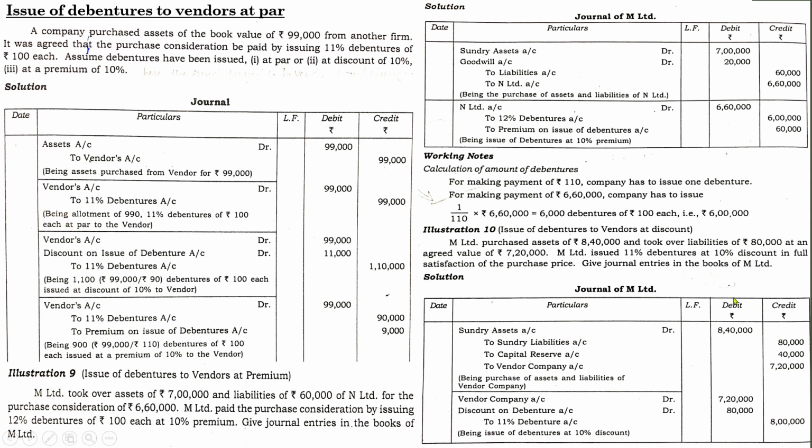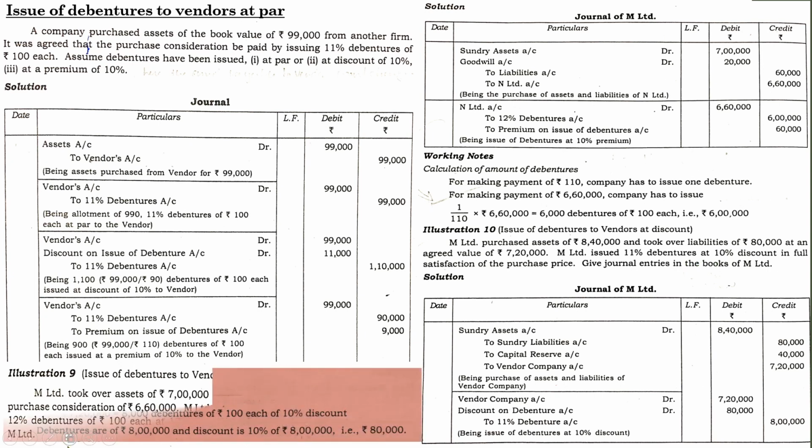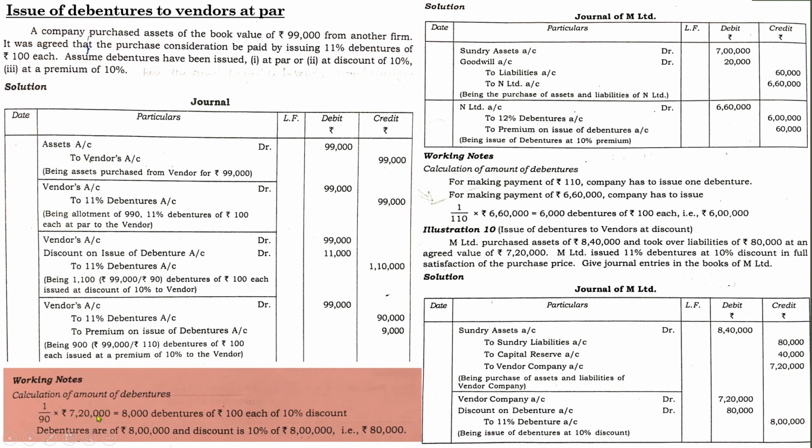So 100, and it was issued at a discount of 10%, so it will be 90. See, 7,20,000 was the purchase consideration, divided by 90, you will get 8,000. Remember, you need to multiply it with 100. So 8,000 into 100, you will get 8 lakhs. So this is how you have to find the value of the debentures.